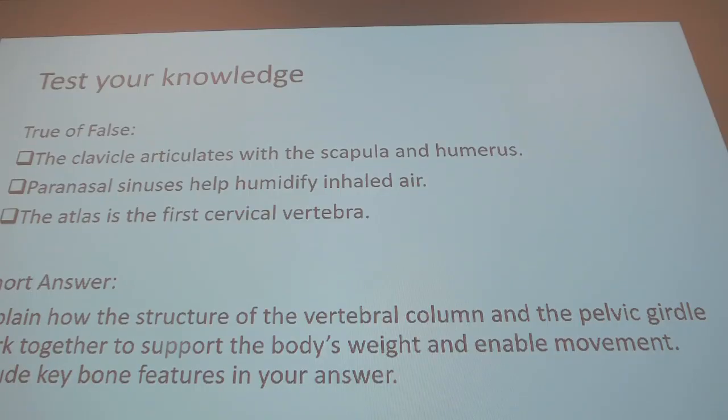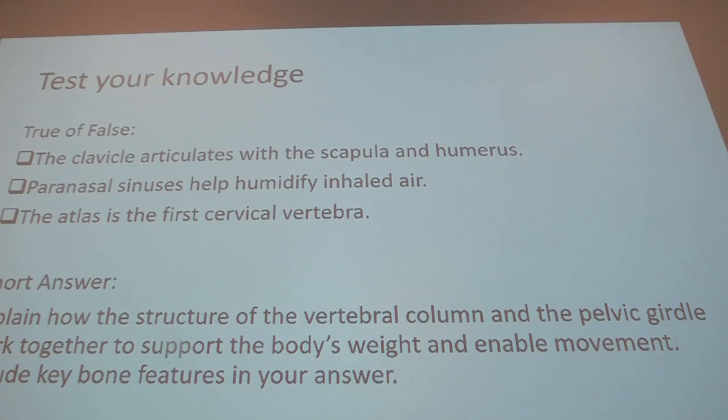True or false? The clavicle articulates with the scapula and the humerus. True. Paranasal sinuses help humidify inhaled air.